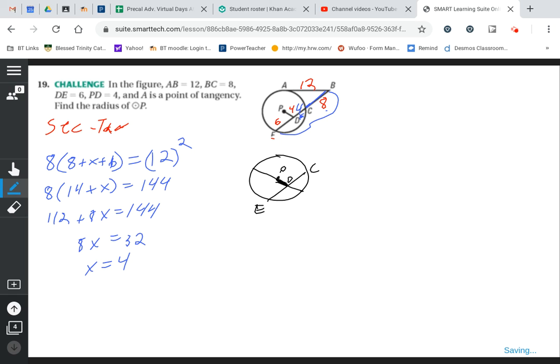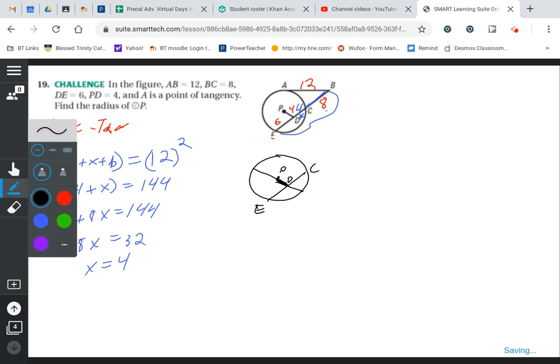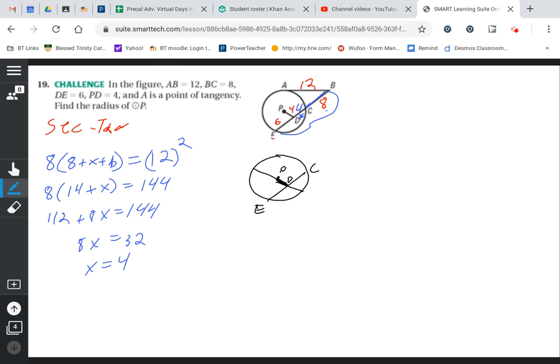We know from P that P to the edge here is R. We know that PD here is 4, and we don't know what the rest of this is.